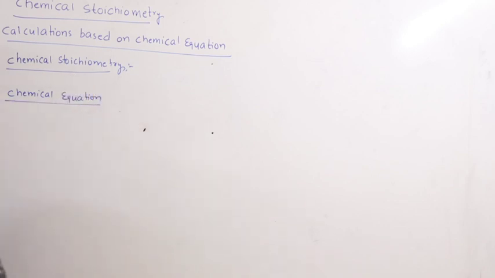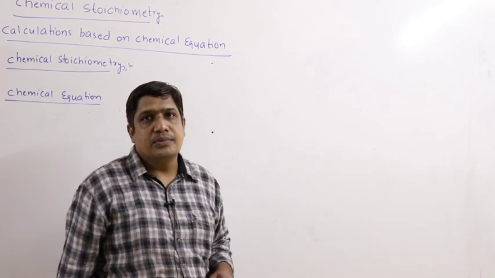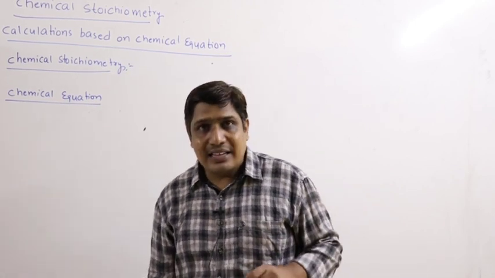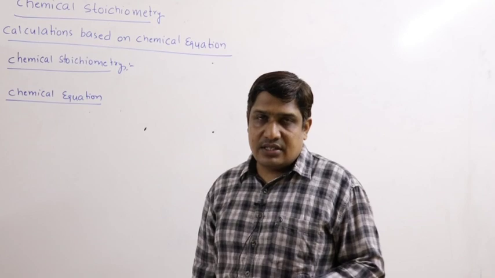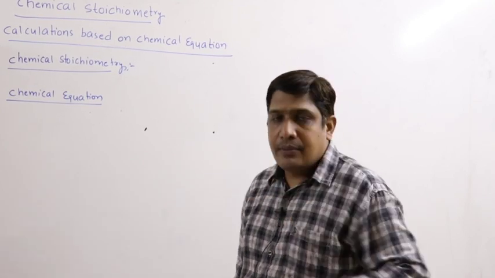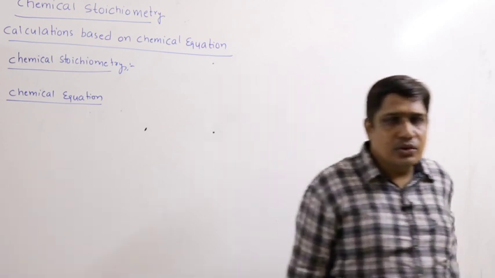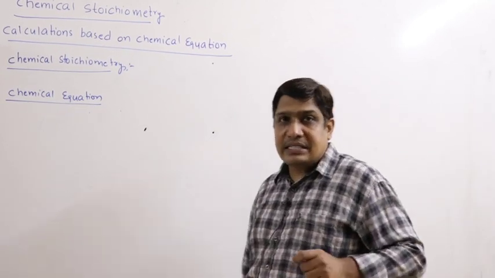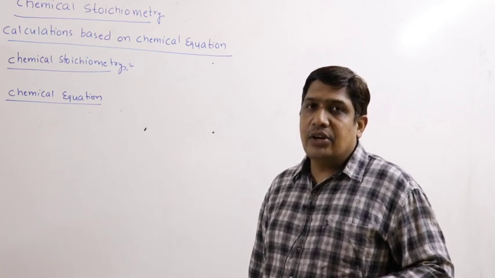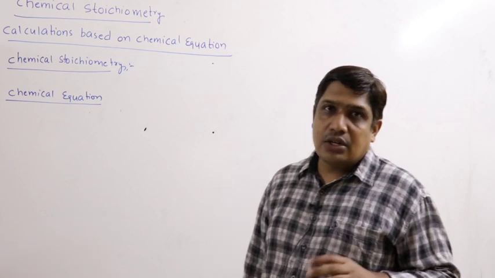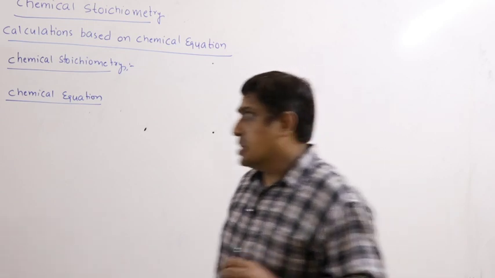So chemical stoichiometry describes the quantitative relationship existing between the substances which undergo the chemical change.